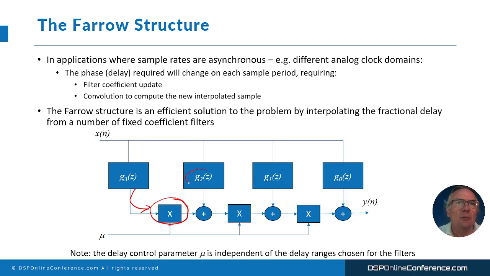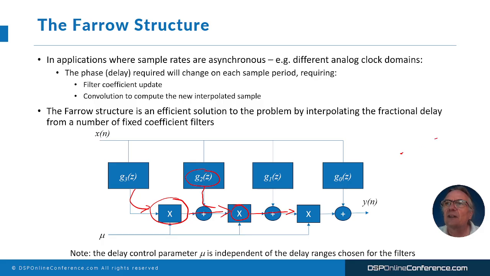We then add it into the output of the second filter, and then that combined result is then scaled by the control parameter mu. So effectively, the data coming out of the first filter is now scaled twice. And so you can see that as we pass down the filter, the scaling of the outputs from those earlier filters will vary dependent on that mu parameter.